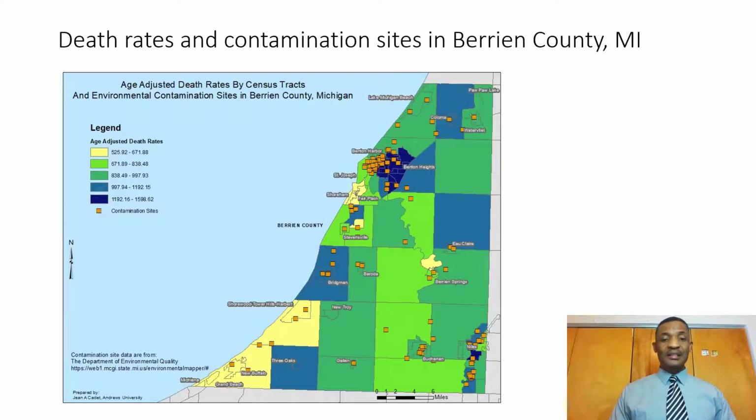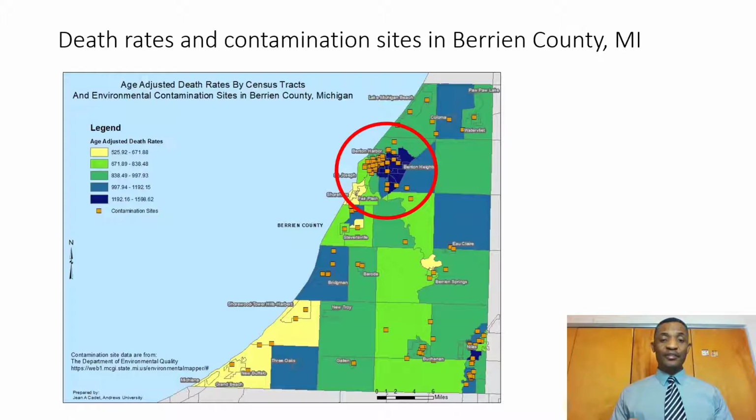Another example, in this map of Berrien County in Michigan, if you look closely on the top here, you see the orange squares are contamination sites around Benton Harbor. Well, the dark blue underneath it represents the age-adjusted death rates in that county, in that city.